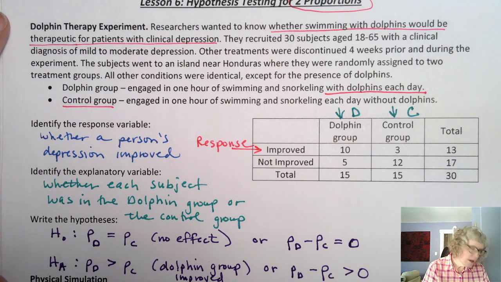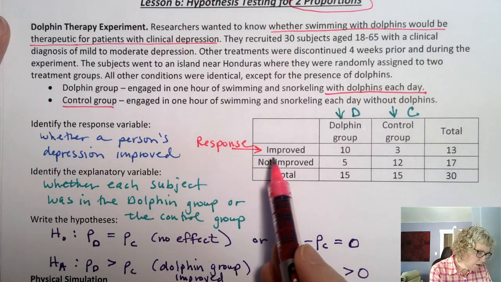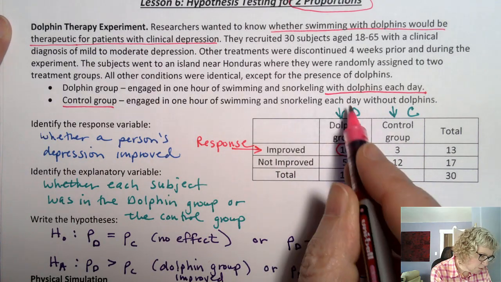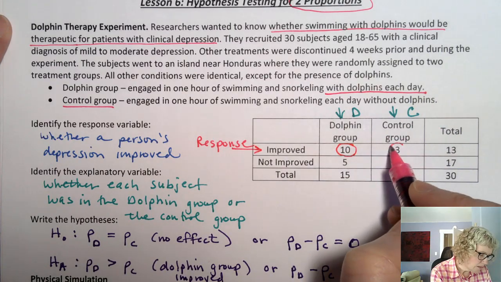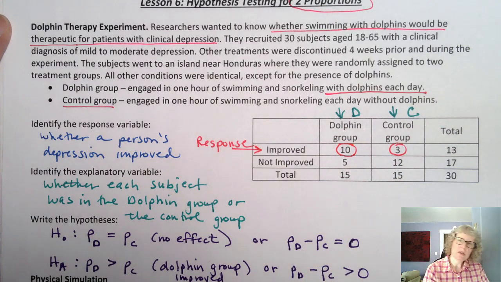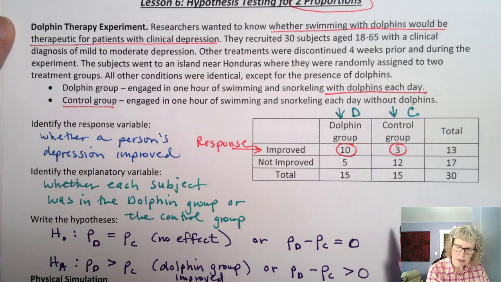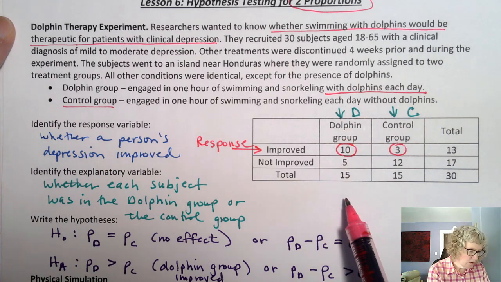So let's look at our table a little bit more to see how this is set up. We want to measure the improvers, right? There were 10 improved in the dolphin group and 3 improved in the control group. And remember, we want to use our group totals.